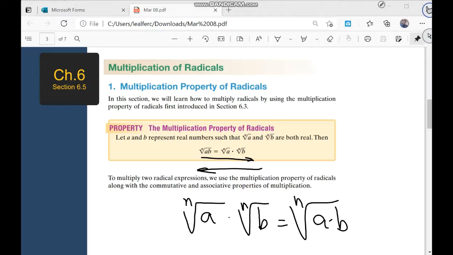I think you will understand. When we read this and I try to explain by the definition, I think it's confusing. But let's work on examples, and I'm pretty sure you will start to understand. Okay?